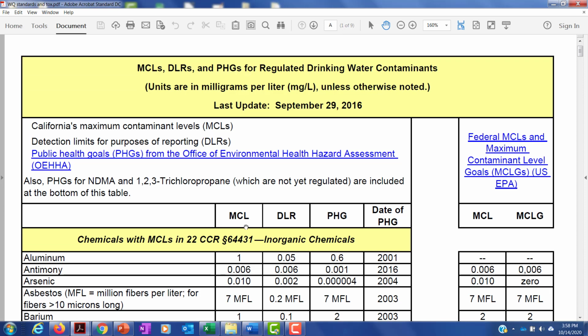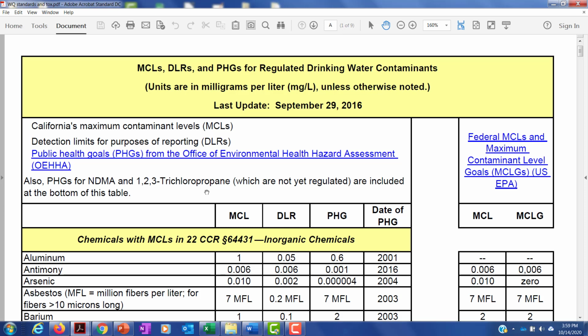So the MCL, maybe you've heard of it before, it's called the maximum contaminant level. It is the level that the state regulates water quality. So the state, ultimately the federal government with the Safe Drinking Water Act, promulgates or sets these maximum contaminant levels.